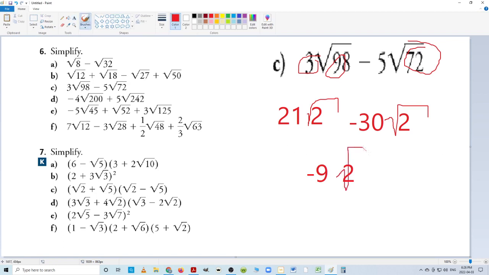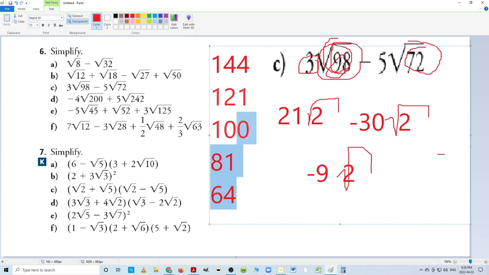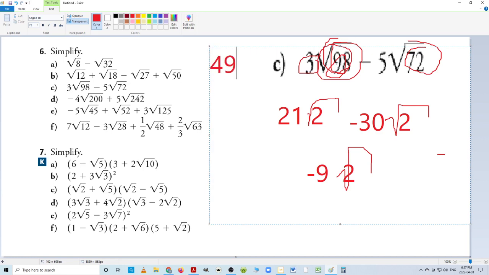You've got to figure out how these can be broken down into some of the basic square roots. These are the basic square roots you should always be looking for. 144, square root is 12, 121, square root is 11, 100, square root is 10, 81, square root is 9, 64, square root is 8, and then 49, square root is 7, 36, square root is 6, 25, square root is 5, 16, square root is 4, 9, square root is 3, and 4, square root is 2, and of course 1, square root of 1.